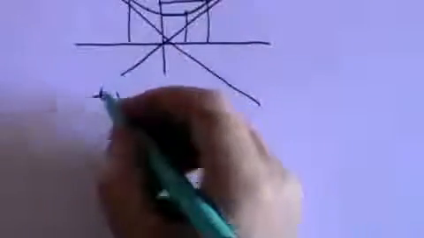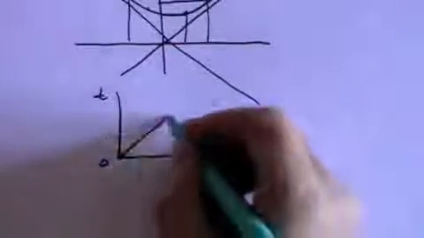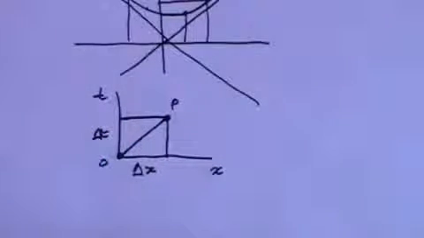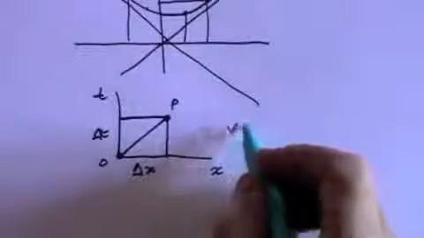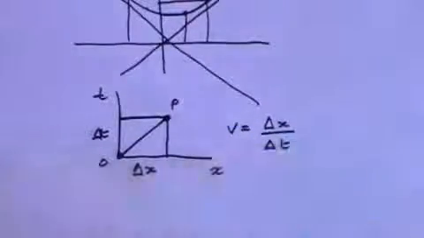Let's also just remember that if you travel through space-time, here's time, here's space, and you travel from point O to point P, you've actually travelled a distance delta x in a time delta t. And that means that your velocity v is simply the distance divided by the time.